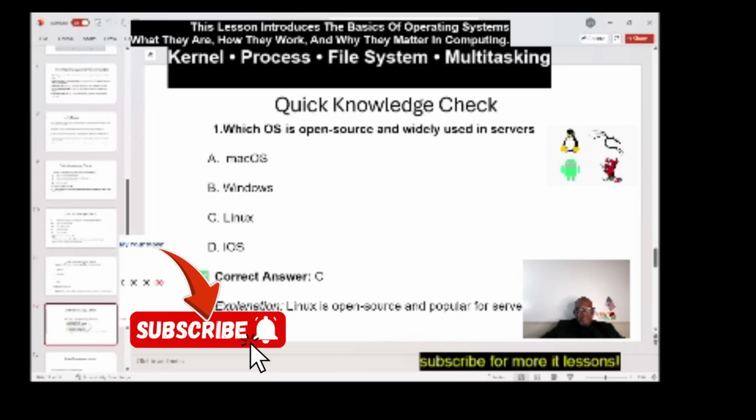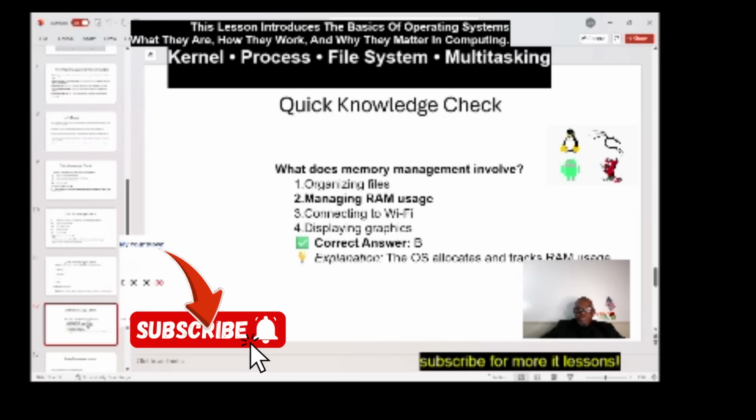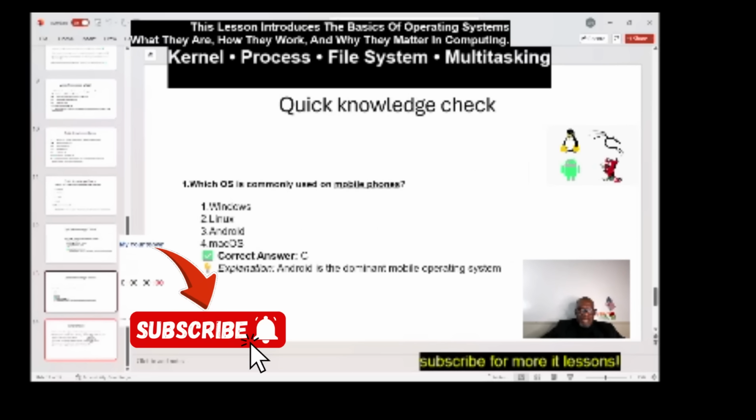Go through it. Third question, what does memory management involve? You go through it. Then the other question, which operation system is commonly used on mobile phones? Answer it.